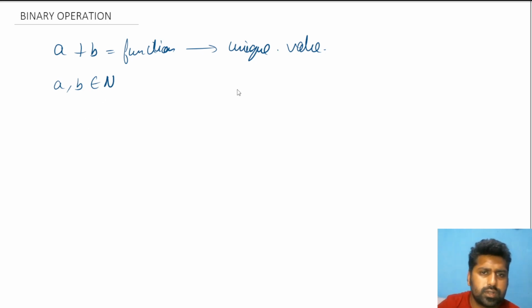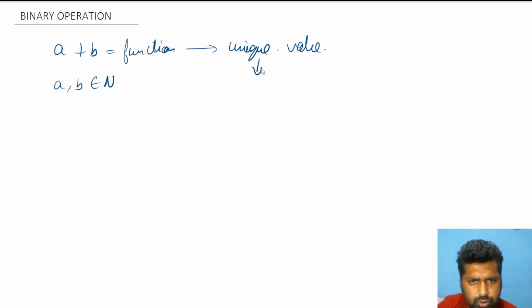So this unique value should also belong to the natural numbers. Since we are generating a function which adds the two numbers, we are writing an ordered pair a comma b, which results in some value, and that should also belong to this set of natural numbers.